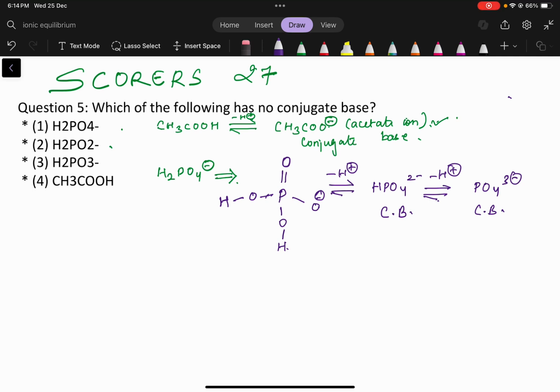So again this H2PO4 minus also has its conjugate base.